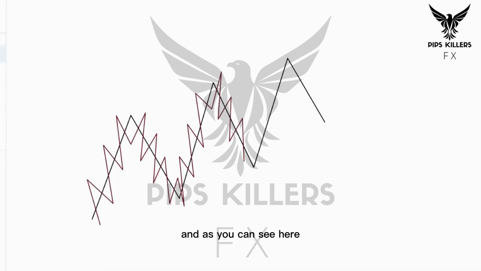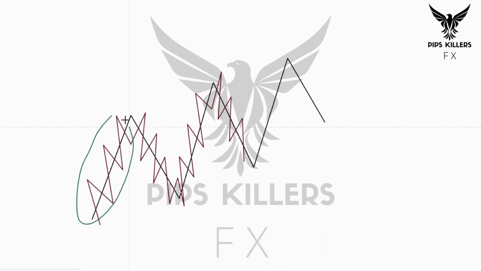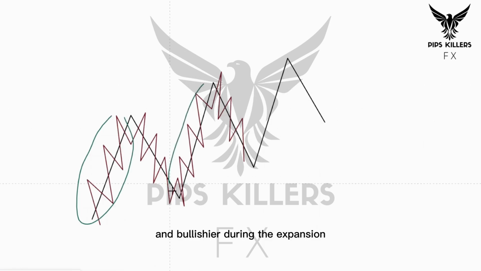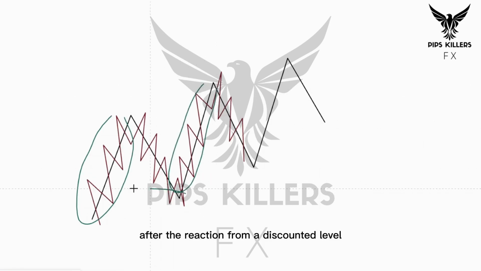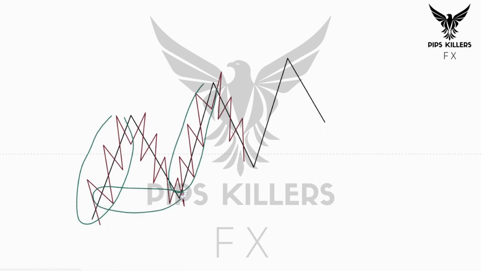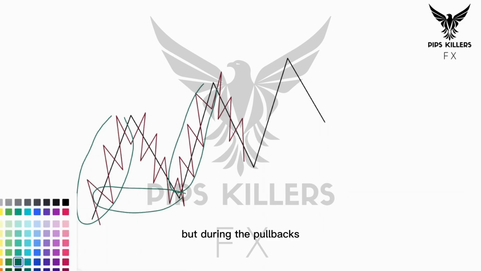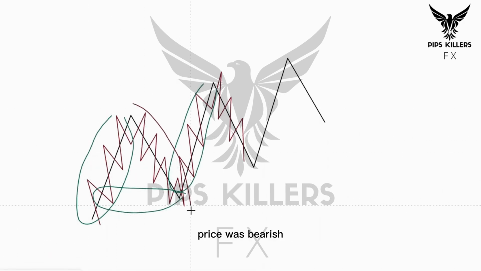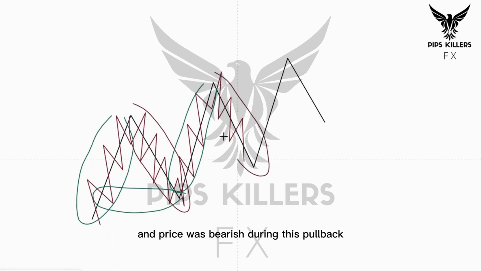And as you can see here, price was bullish here and bullish here during the expansion after the reaction from a discounted level. But during the pullbacks, price was bearish. Price was bearish during this pullback, and price was bearish during this pullback.